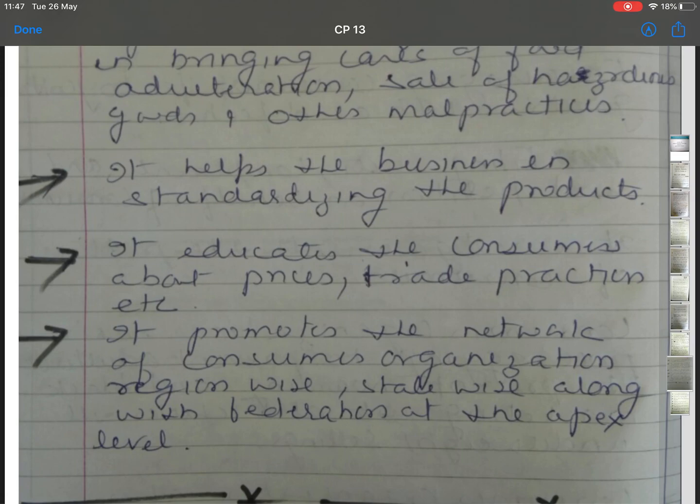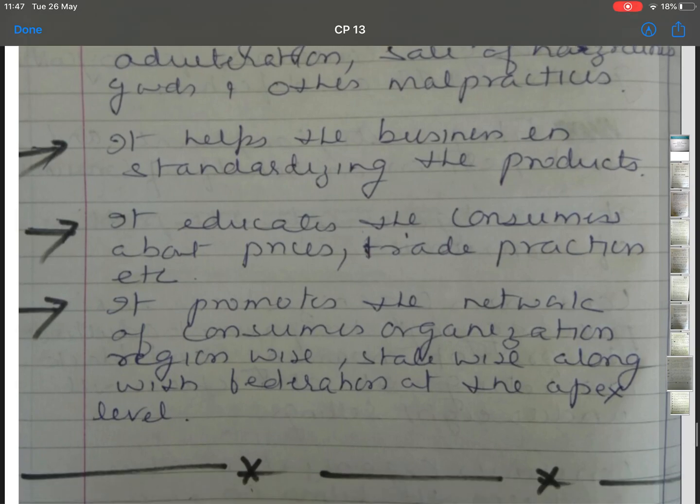Then lack of training and expertise. The members of the consumer organizations need training in consumer protection areas to develop expertise and speak with authority. Then lack of code of conduct. There is no uniform code of conduct for the existing consumer organizations at local level, state level or national level. Then corruption.